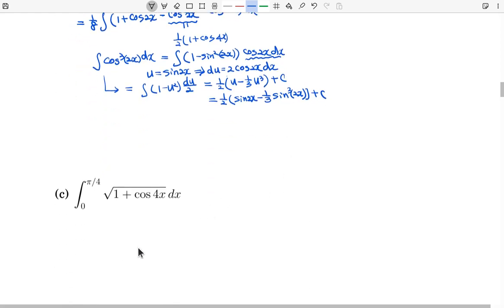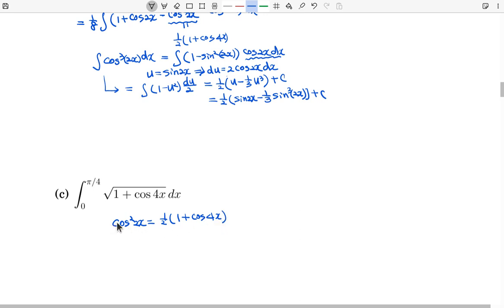Okay, for that one, 1 plus cosine 4x is not an elementary derivative, but if we start with cosine squared 2x, then by using the formula, we can get 1/2 of 1 plus cosine 4x.